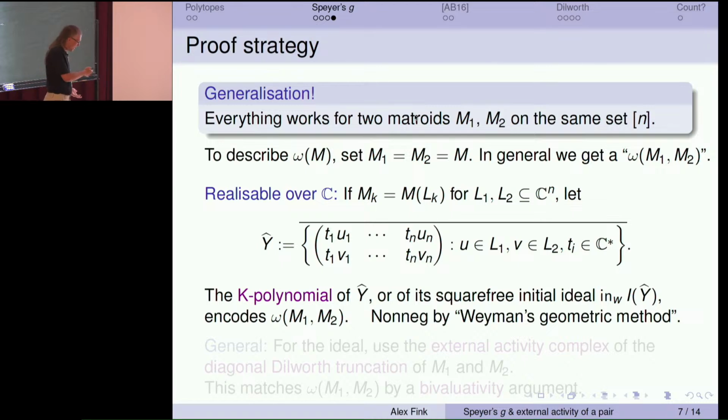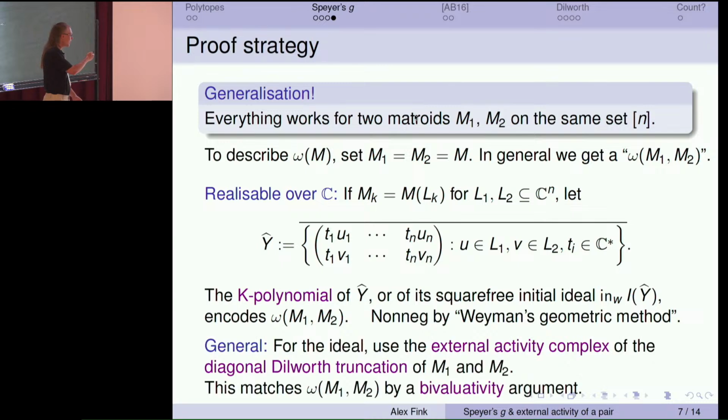Well, there is this tool, Weyman's geometric method for syzygies, that says, if I have exterior powers of line bundles, I can relate that to a free resolution of a variety you can construct using this recipe Weyman gives you. And the variety is the thing that, per Graham, I guess we should call the diagonal Dilworth variety.